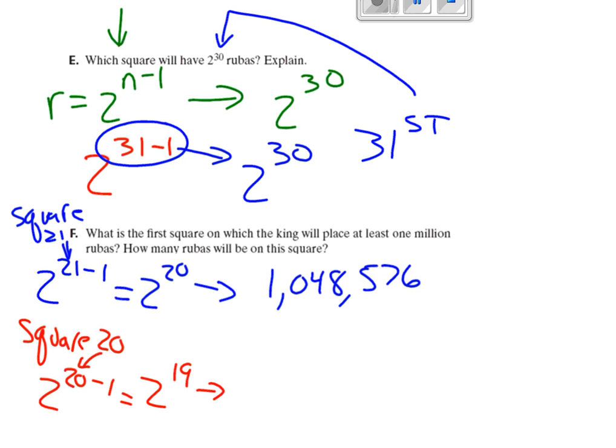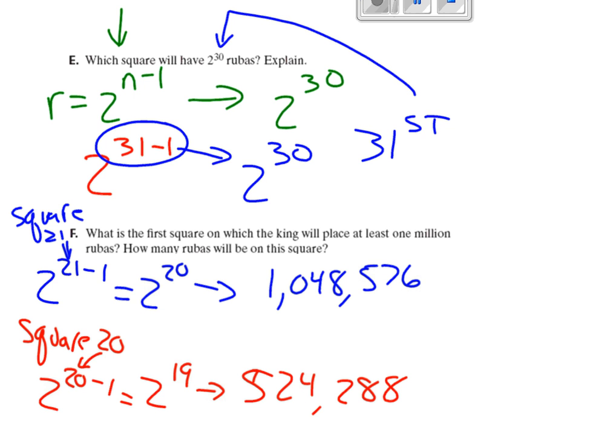Now, if you put 2 to the 19th in your calculator, you should have 524,288 rubas. That's a lot of rubas too.